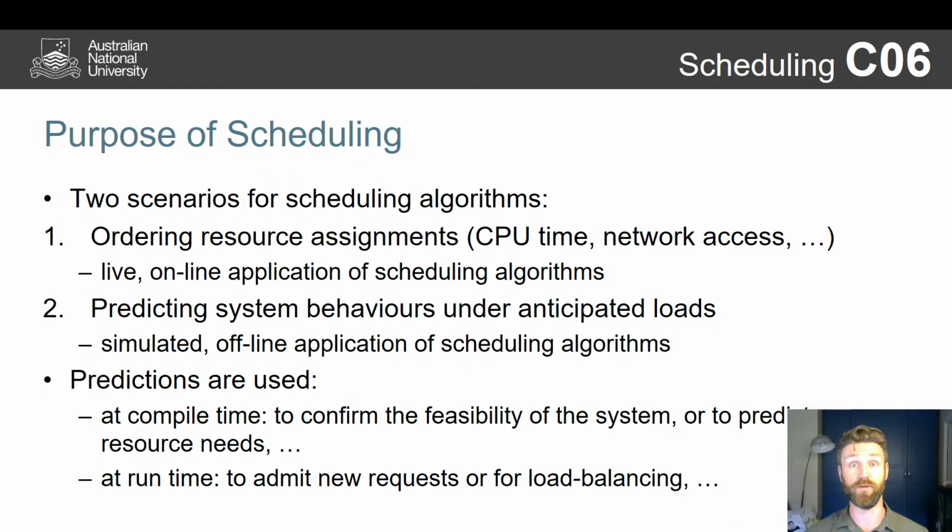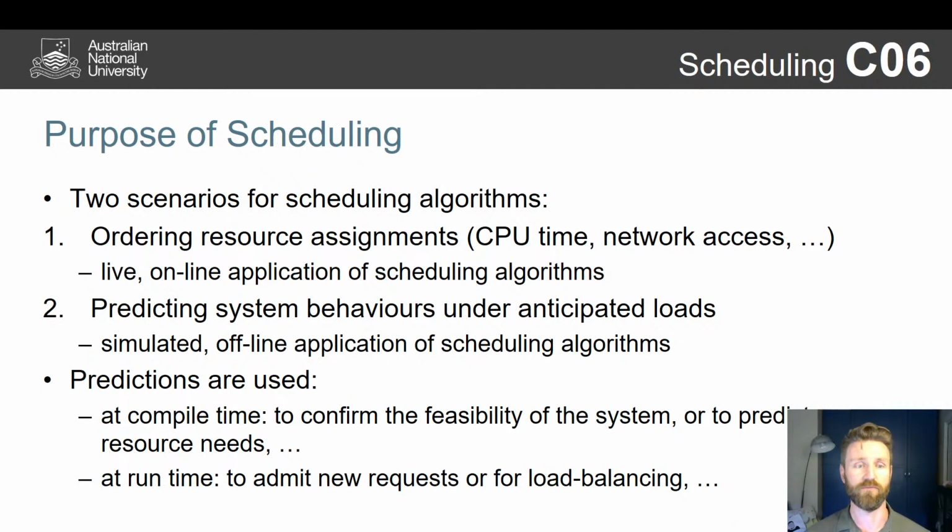And the second one would be where we're actually trying to predict ahead of time what the load might be on a particular resource. So, for example, we want to offline, given a known set of requests for different resources at different times, simulate that and predict the best possible order in which to give access to those resources to that set of entities.